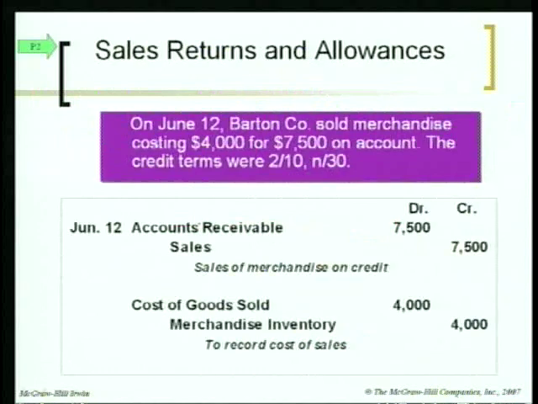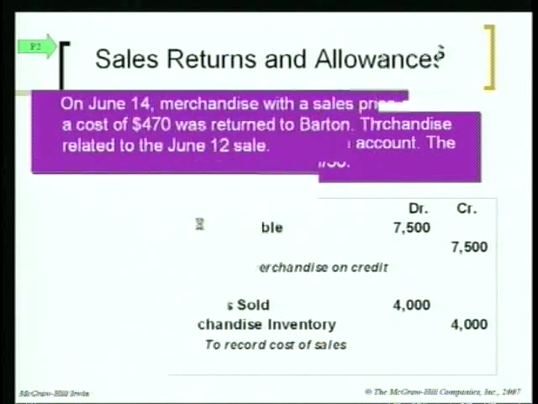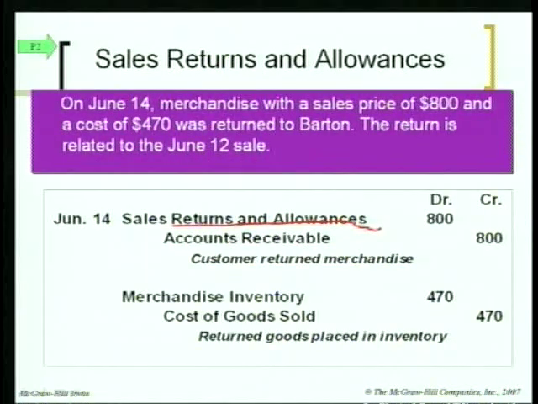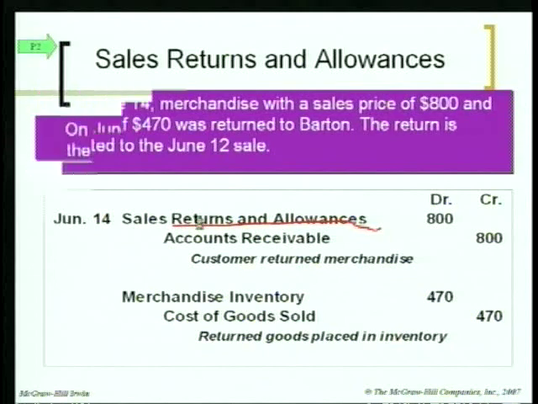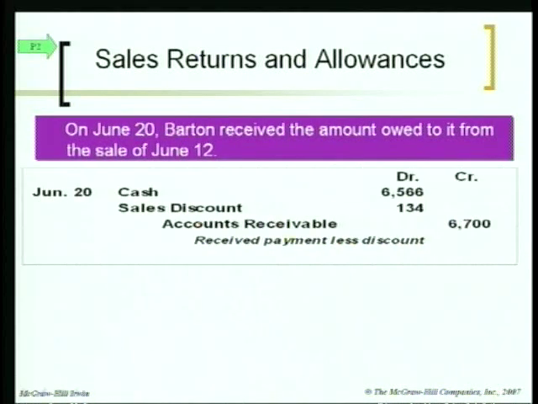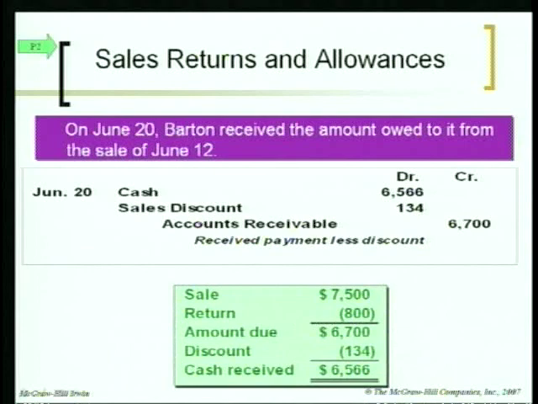Okay. Now how much do they owe us at this point? Well, they owed us $7,500. We reduced their receivable by $800, so they owe us, what is that, $6,700? They pay within the time period to be able to take the discount. So our entry is this.